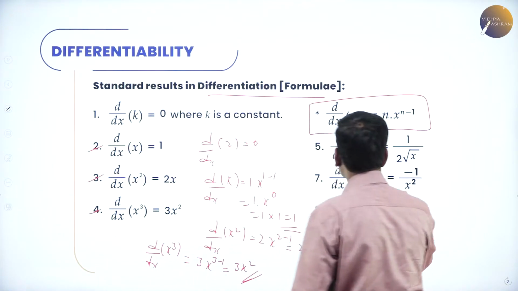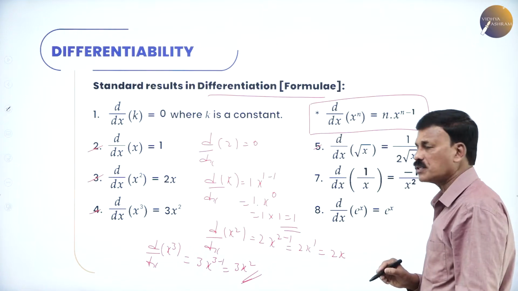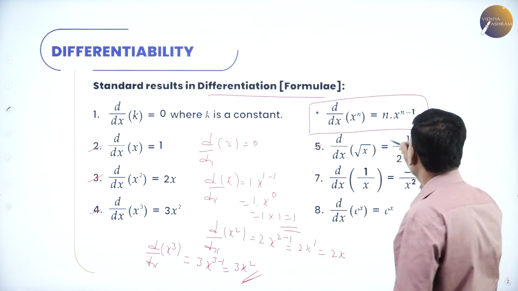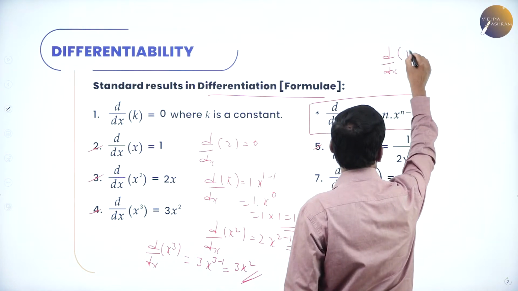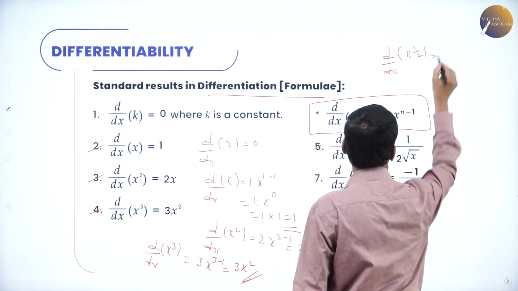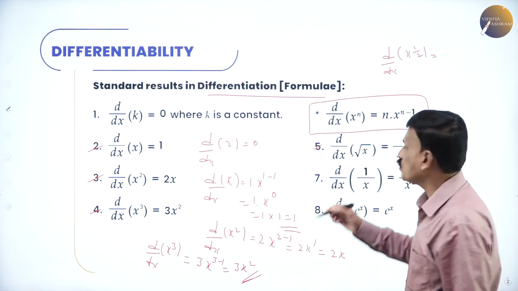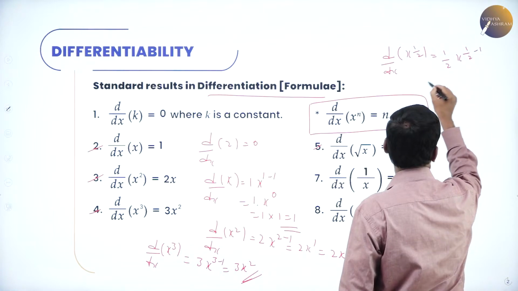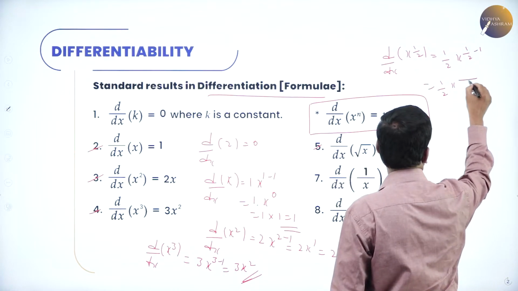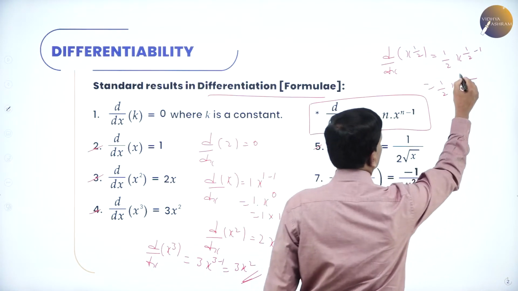Similarly, d by dx of root x can be written as d by dx of x to the power of 1 by 2. What is n here? n is equal to 1 by 2, so half into x to the power of 1 by 2 minus 1. Take LCM, 2 is the LCM, 1 minus 2.